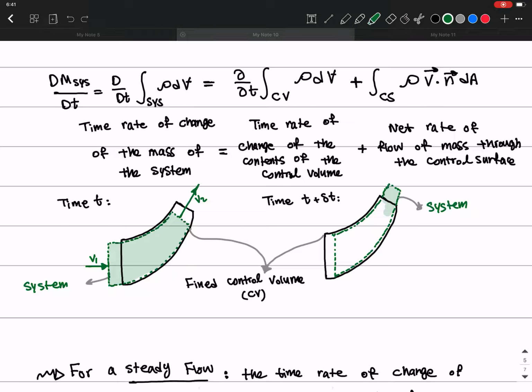So I just want to note, what is the main difference between a control volume and a system? A control volume is something that is fixed in space, for example, in a laboratory. So for example, you can set up an experiment, say open channel flows, right? You have an open channel.